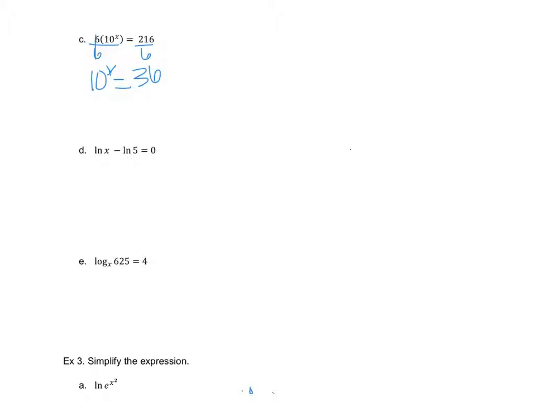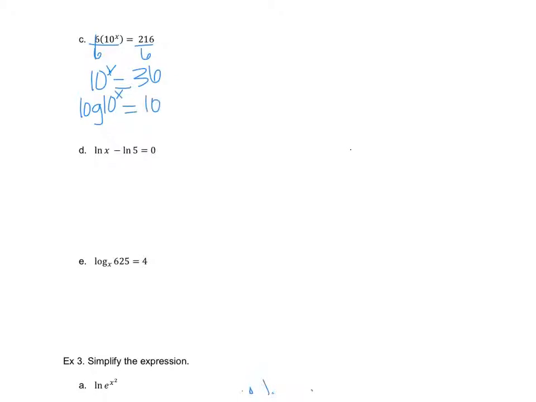Now, I can never make the base of 10 and the base of 36 come down to the same number. So in the event that you cannot make your two bases become the same number so that you can set the exponents equal to each other, you're going to have to take the log of both sides in order to use our exponent rule where we can drop the exponent down and solve. So I'm going to take the log of both sides.